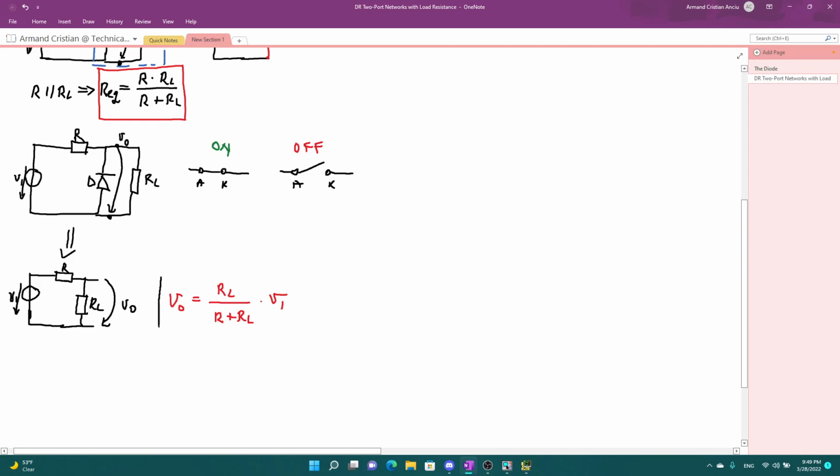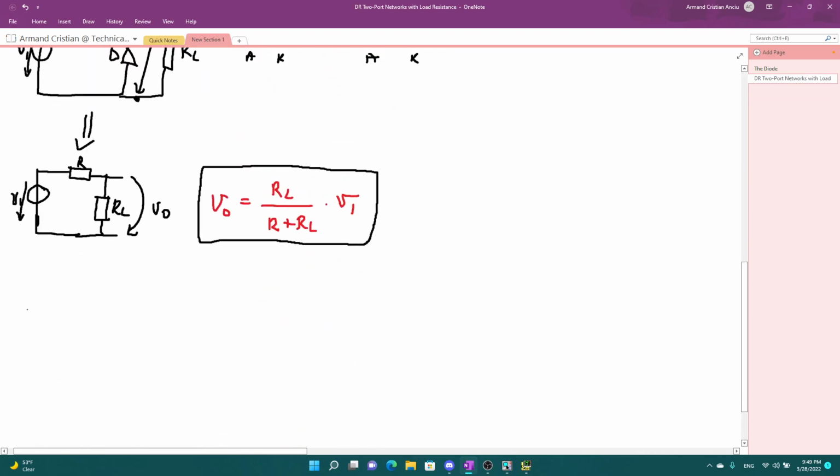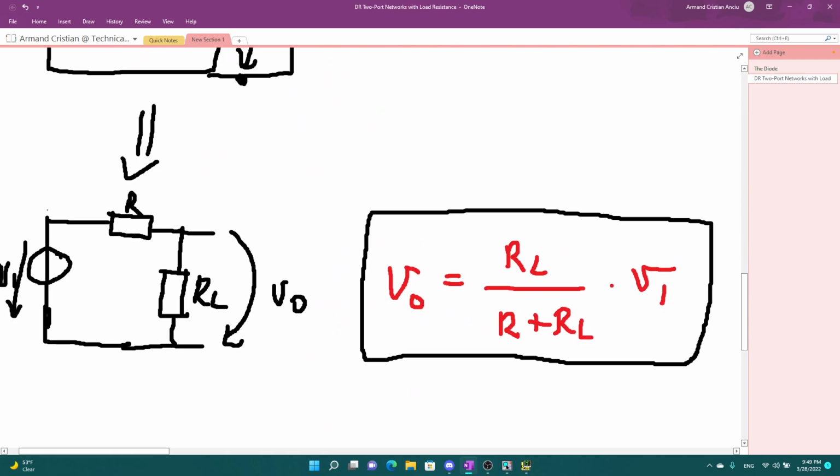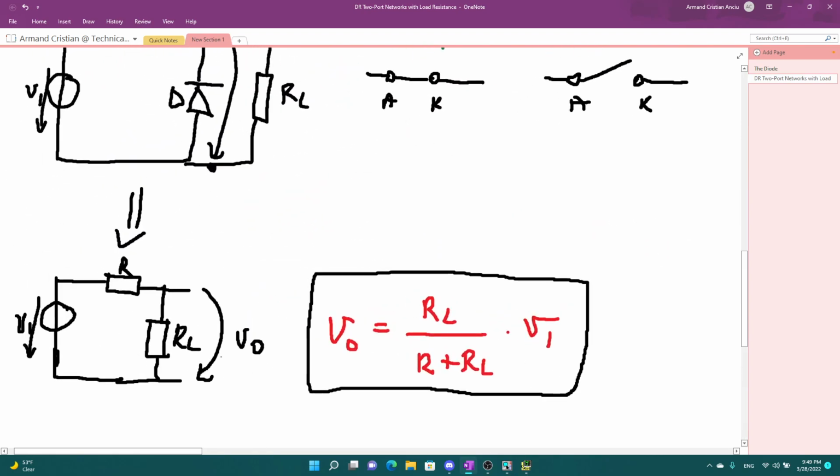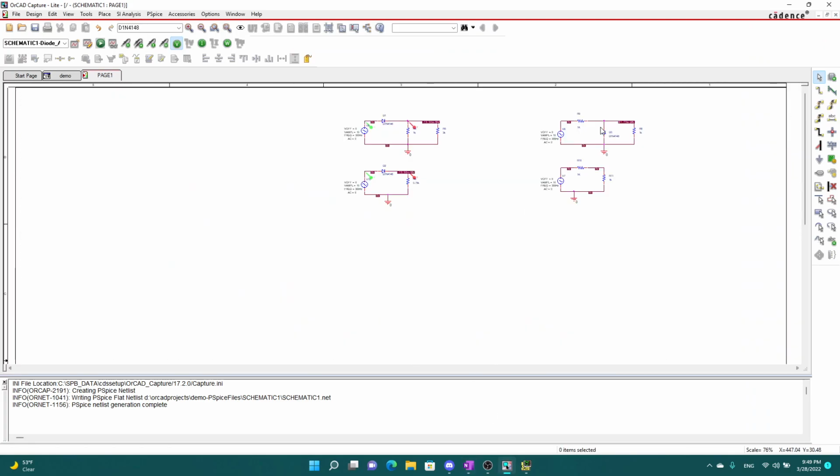So this is the new value for the output voltage, or the value for the output voltage of the resistor or voltage divider. If we look in our circuits, we have this circuit already made here.